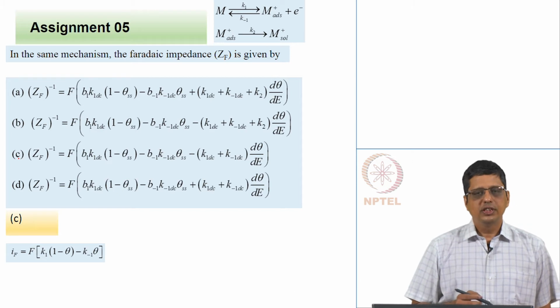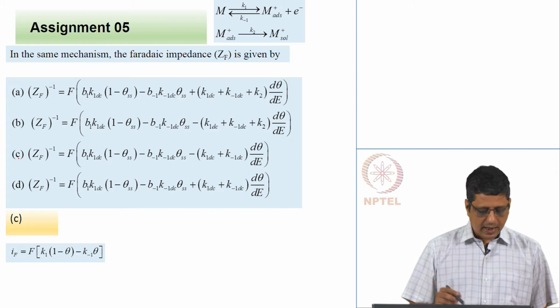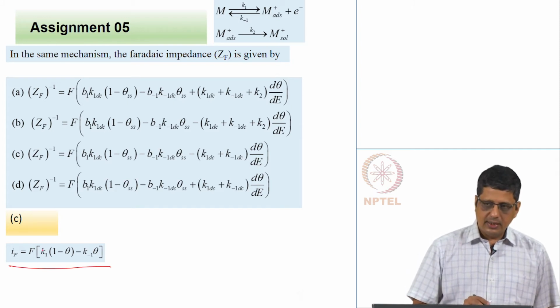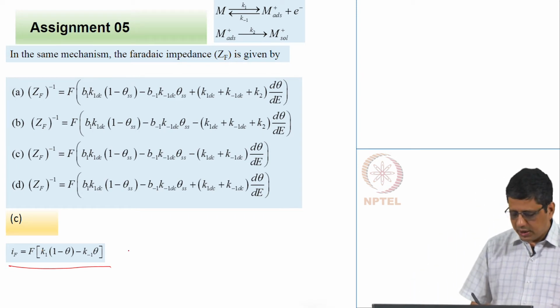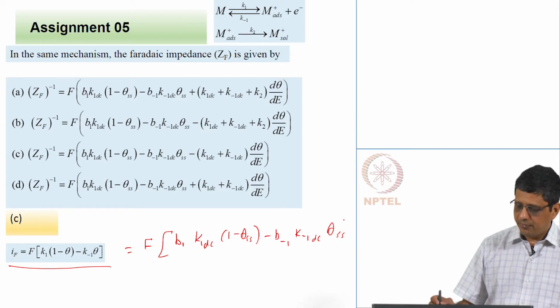Then the next question is, what is the Faraday impedance for this reaction? Okay. We know the Faraday current. The current expression is given here. Here we have to expand this in Taylor series, truncate it, and then we would get the following terms: B1 K1 dC (1 minus theta SS) minus B minus 1 K minus 1 dC theta SS for expansions in K1 and K minus 1.